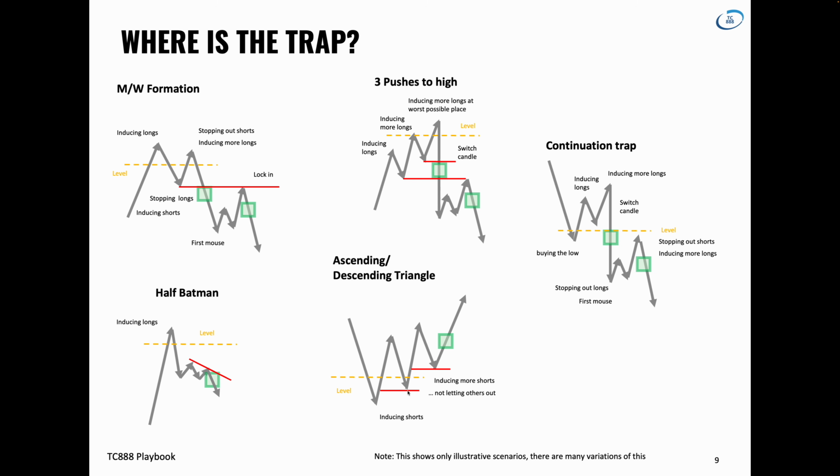Shorts, don't stop out these shorts. So it depends on how much liquidity they already built. Sometimes they don't let them out. Sometimes they want to trigger more. So this is kind of a similar pattern. Here they trigger more on every step, and here they want to keep these guys in their trades. So it's a different pattern, but a relatively similar logic.